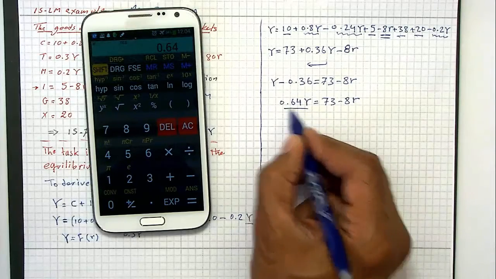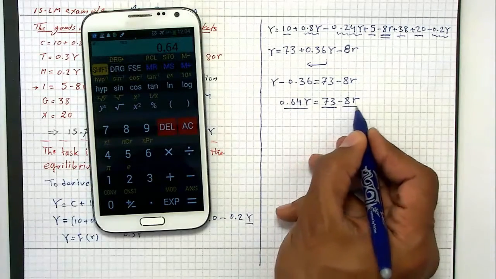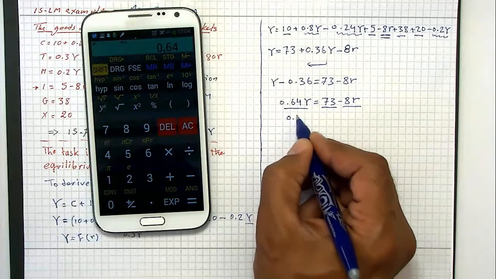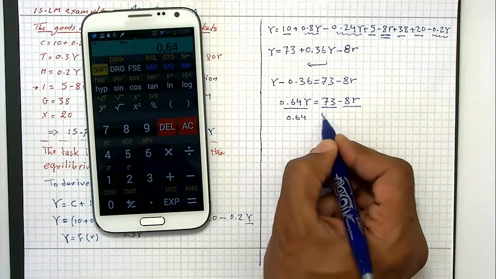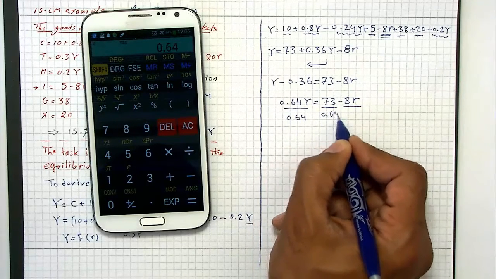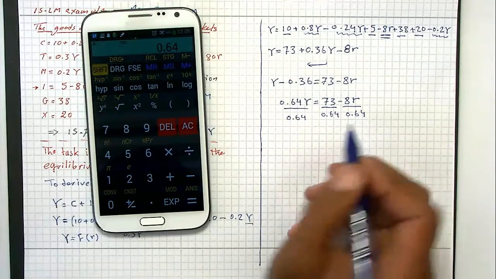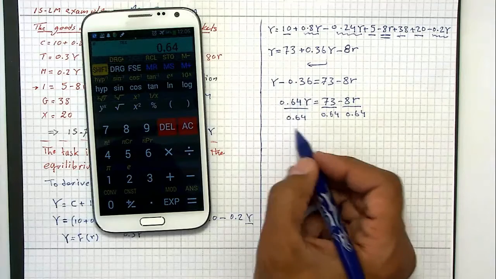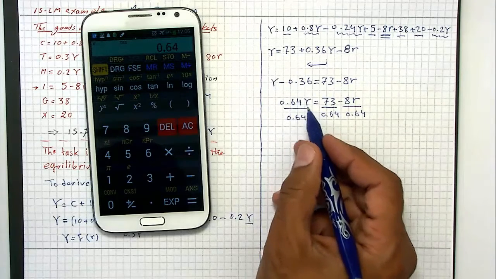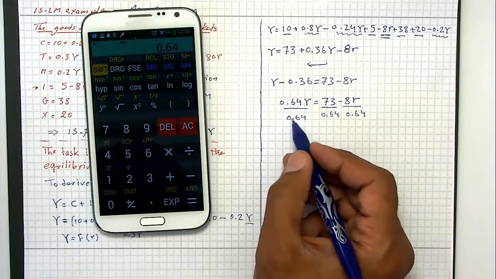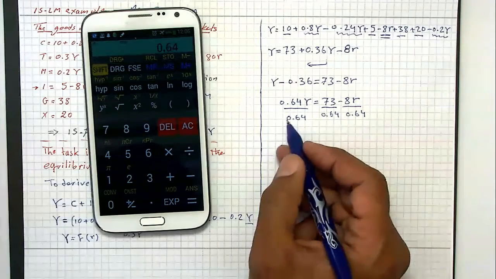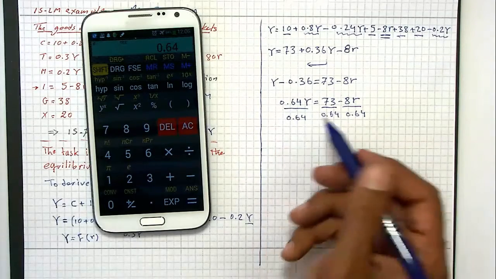So if I divide all terms by this 0.64, then I isolate y here, because 0.64 divided by 0.64 is like 1.